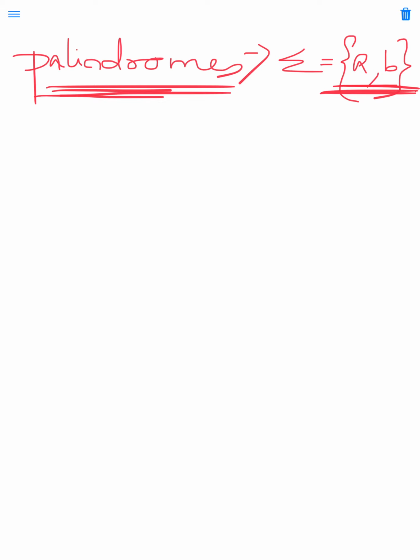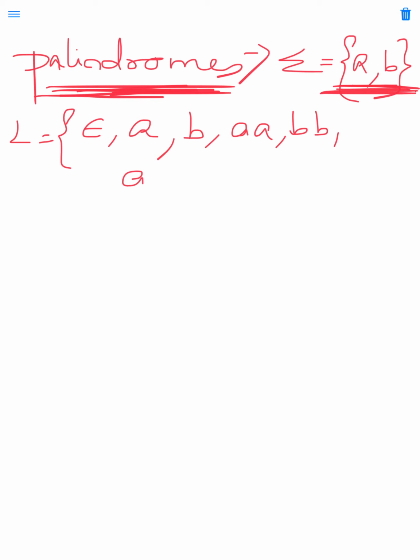So what are the strings for the language that can be taken as a palindrome using these input alphabets? Epsilon can be taken as a minimum string, then A also can be treated as a minimum string, B also can be taken, then ABA, BAB, like that it goes on, isn't it?